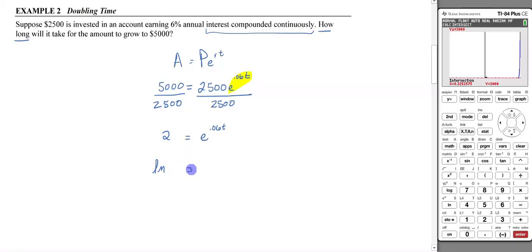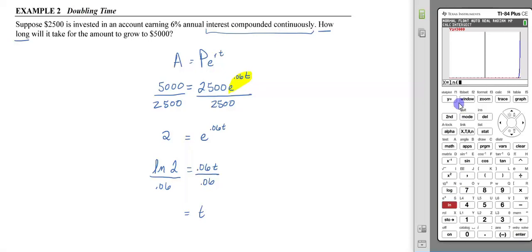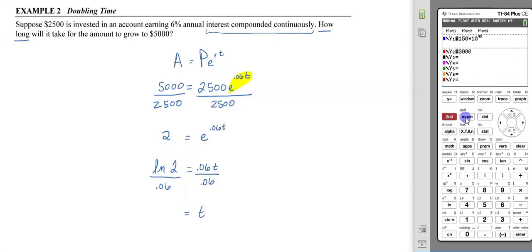Remember, a log is an exponent. Your exponent is the 0.06t. The argument of the log is 2. We're going to divide by 0.06 on both sides so that we can isolate t. Let's put this into the calculator. Let's go to the home screen. Natural log is right here, of 2, and divide that by 0.06.